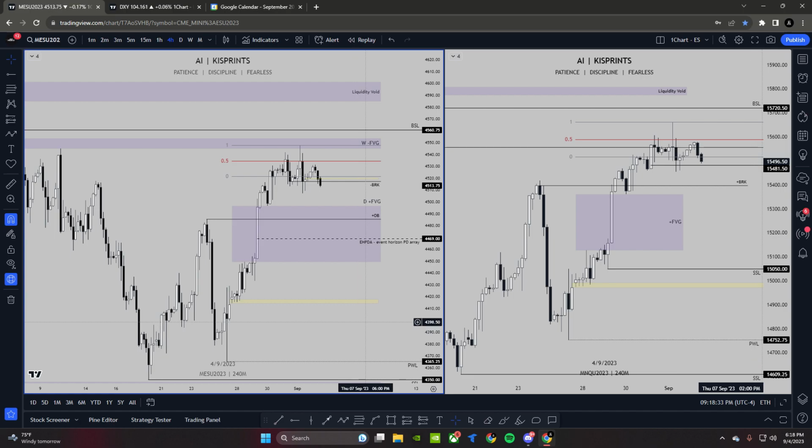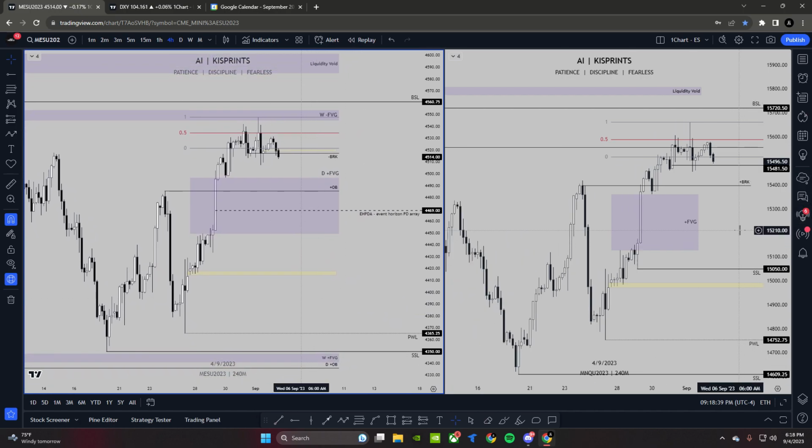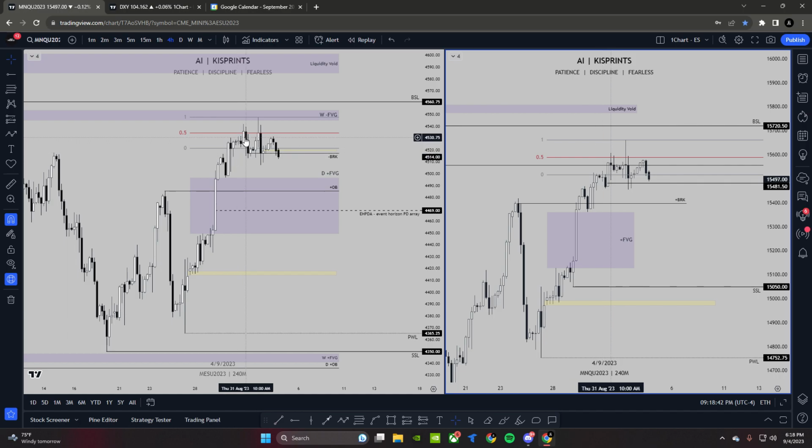So what can we expect now here on the 4-hour? I'm currently noting this 4-hour breaker here on both indices. As we can see, especially on ES, it's much cleaner. It is also on NQ, but on ES we have a high, a low, a higher high, tapping into a higher time frame PD array, which is what you want to see.